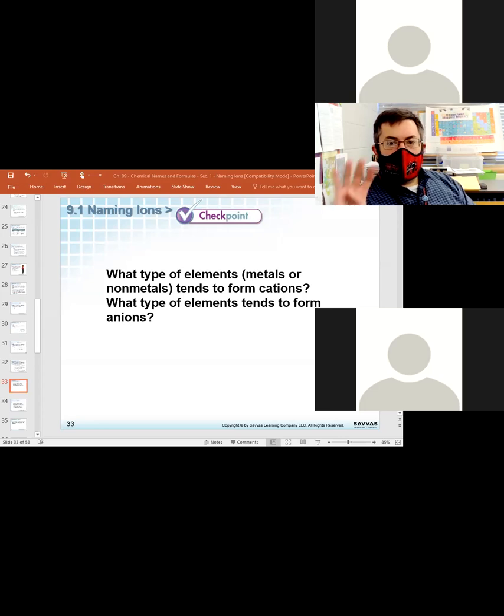So remember that there are four different types of orbitals, four different subshells. There's the S, the P, the D, and the F, okay? Three of those are just metals. S, D, and F are just metals, except for hydrogen. But it's debated, should hydrogen be in group 1 anyway? Some people put it in group 17.